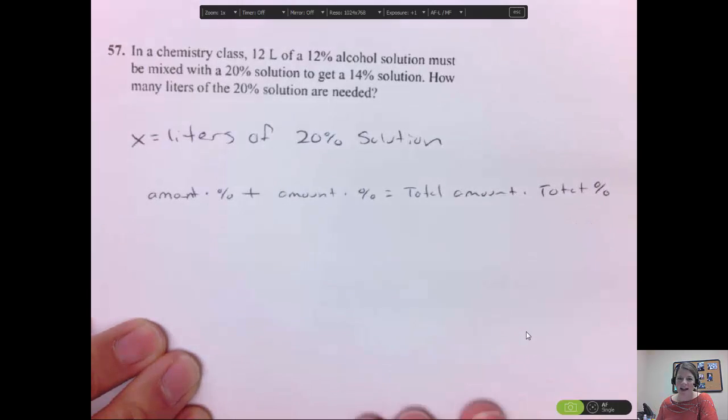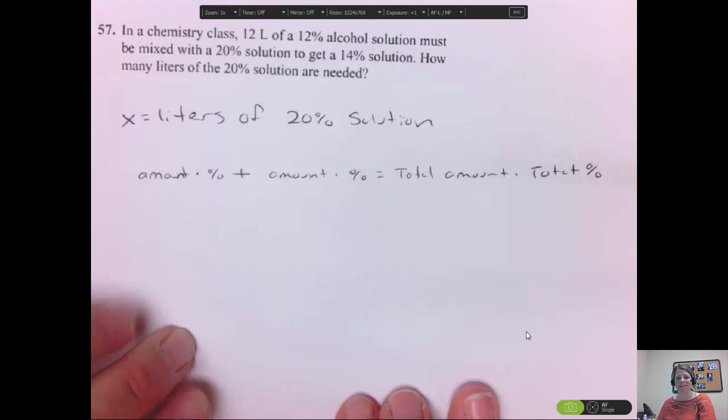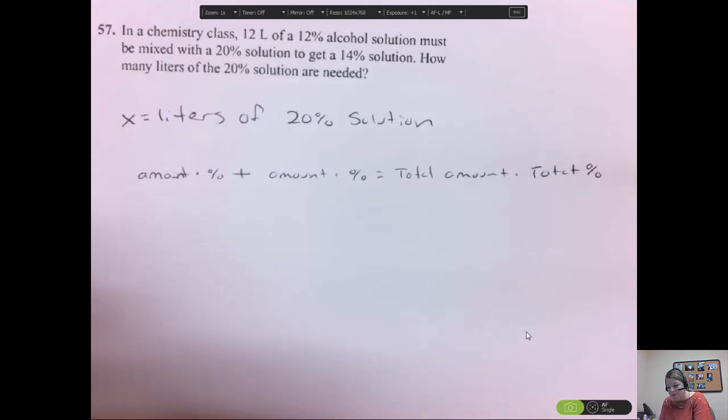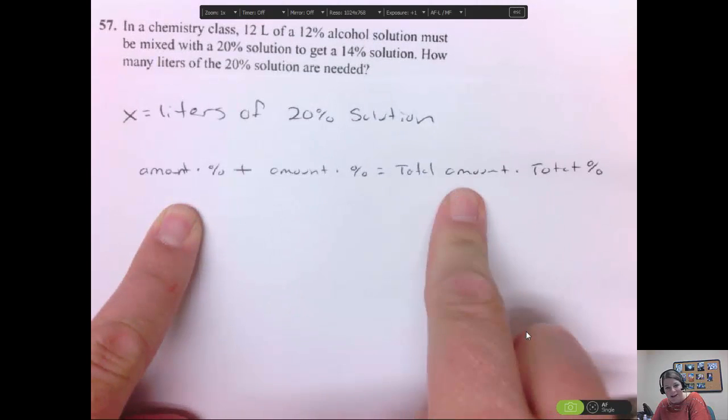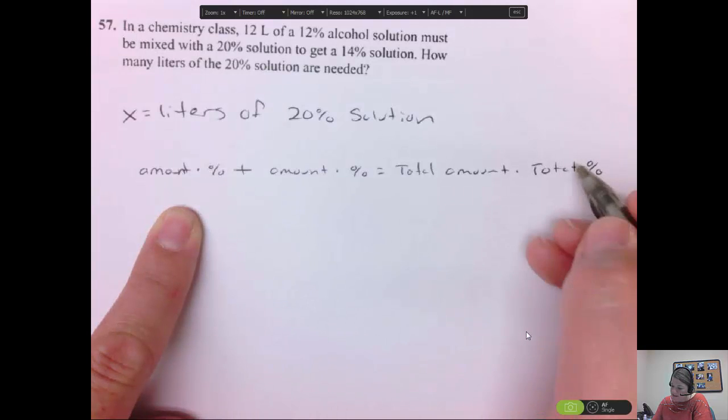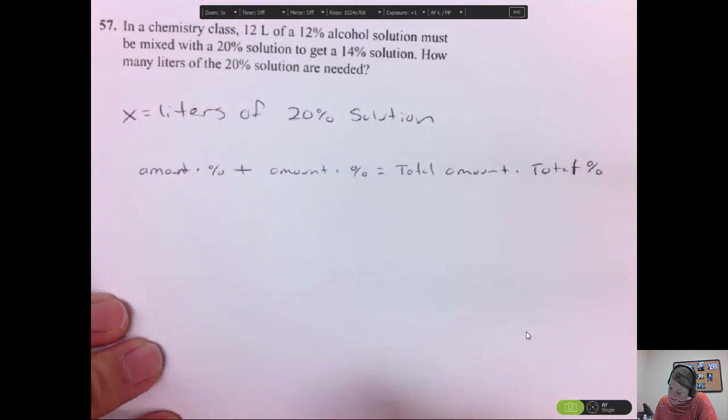Why am I putting that out like that? Because most people mess this up. I'm mixing two amounts with their percents to get my total goal amount and my total goal percent.